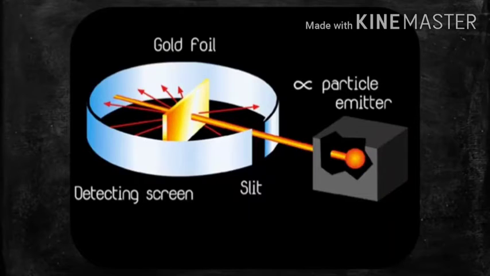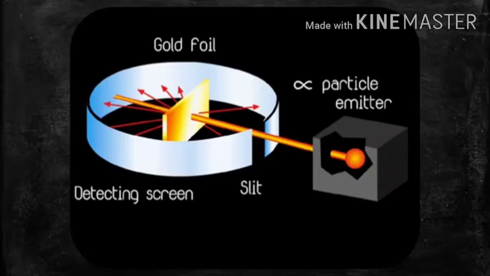A still smaller number got deflected through a larger angle, and surprisingly, one alpha particle out of 20,000 bounces back in the direction opposite to the original path. We can see this in the figure on your screen. Detecting screen, slit, gold foil and alpha particle emitter we can see easily.